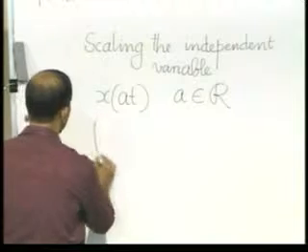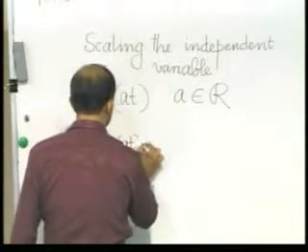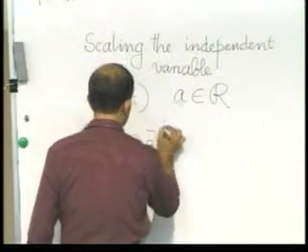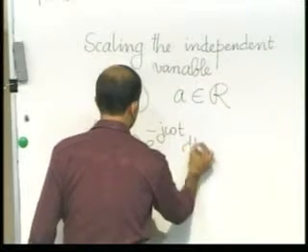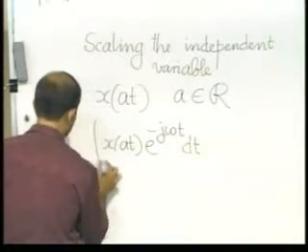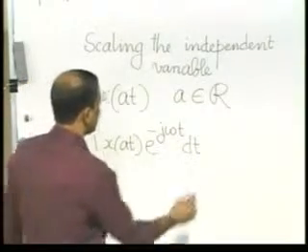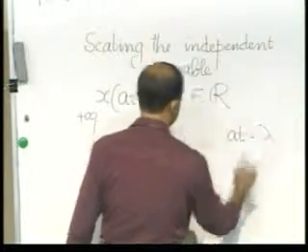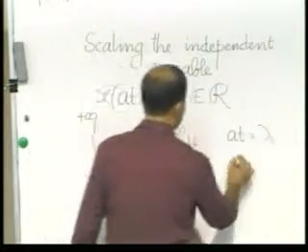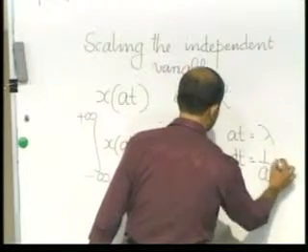Let's evaluate its Fourier transform. We replace at by a different variable lambda, and therefore dt becomes 1 by a d lambda.